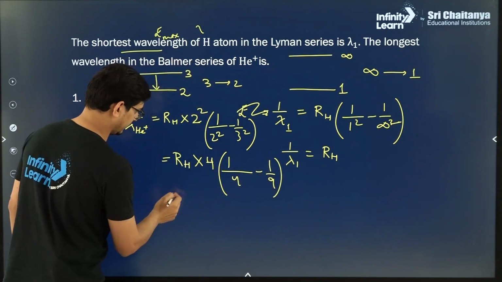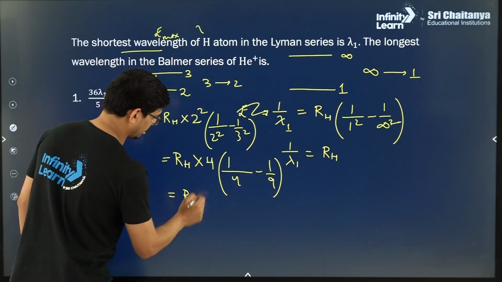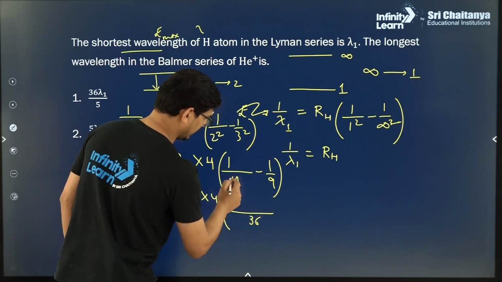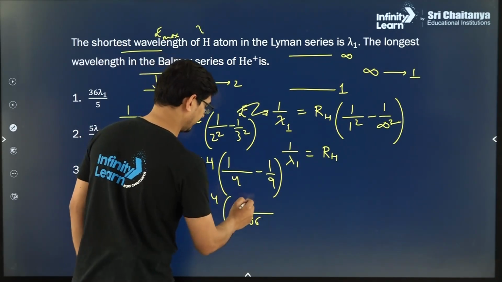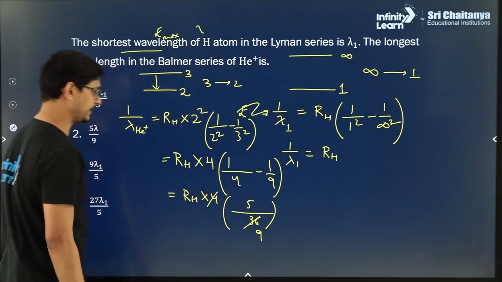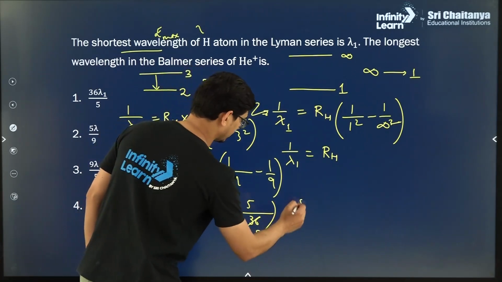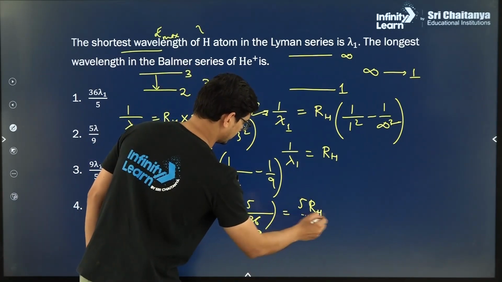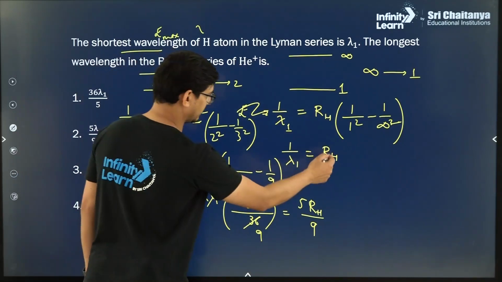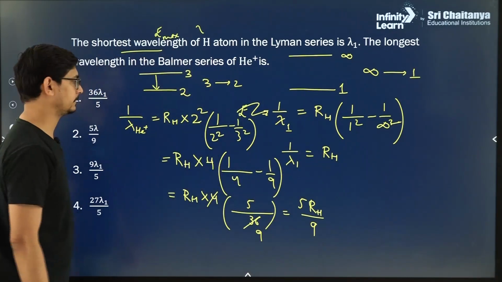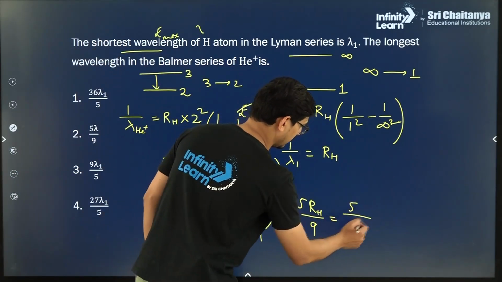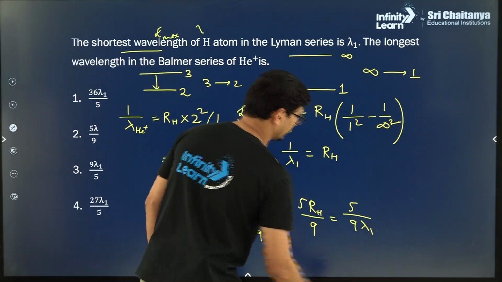Taking the LCM, 9 into 4 is 36, and 9 minus 4 is 5. So this is 5 Rydberg constant by 9. From here we know that Rydberg constant is 1 upon lambda 1, so this is 5 upon 9 lambda 1.